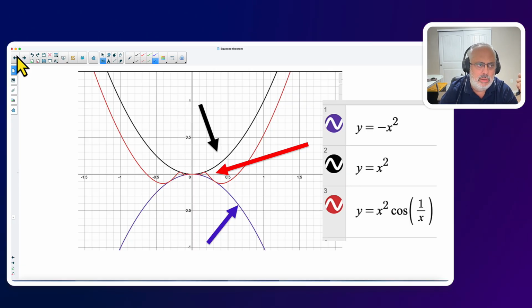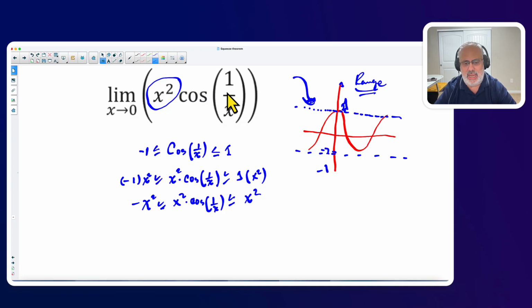So right here, you can say the first condition is met, the function is in between. The limit of the lower function, when x is approaching 0 of minus x squared, is equal to 0.